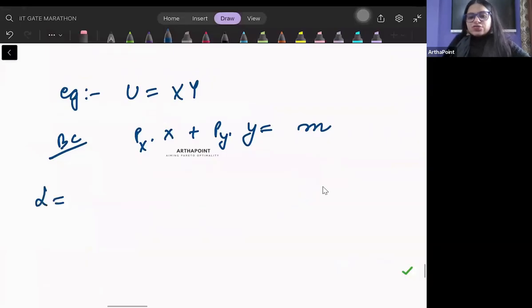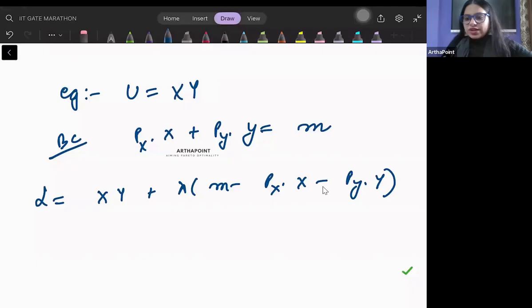And I form the Lagrangian: xy plus lambda (m minus px into x minus py into y). आपने इसको solve किया. All that is not required. हमें पता है कि इससे जो solution आएगा, we will get x star equals m by 2 px and y star का value आ जाएगा m by 2 py.